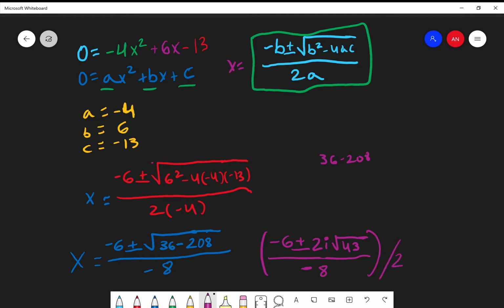So we get negative 3 plus or minus i root 43 over negative 4. Now divide that whole thing by negative 1. Oh wait, never mind. Let's not do that.